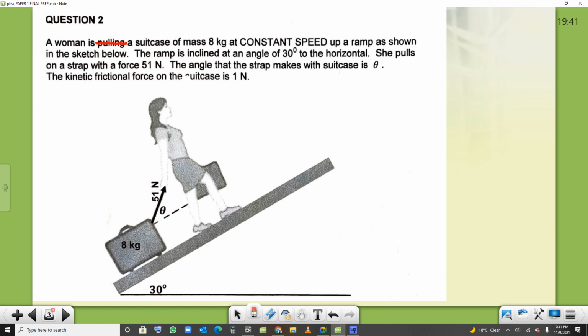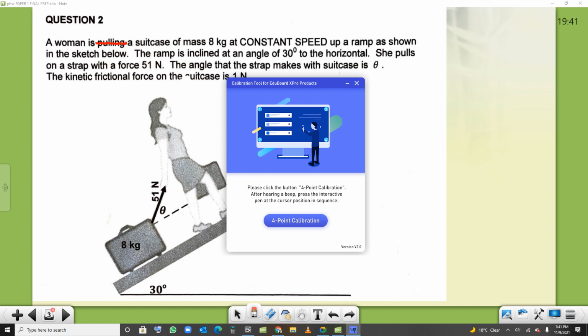A woman is pulling. What does that tell you? There's applied force.